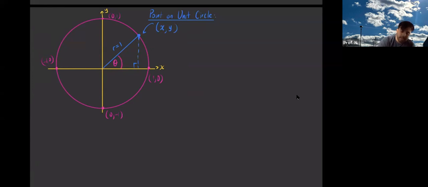So this side here can be considered the x-coordinate, the x value, and the y represents the vertical component. Look what kind of triangle I have. I have a right triangle with theta, y, x, and 1 as the dimensions of my triangle.